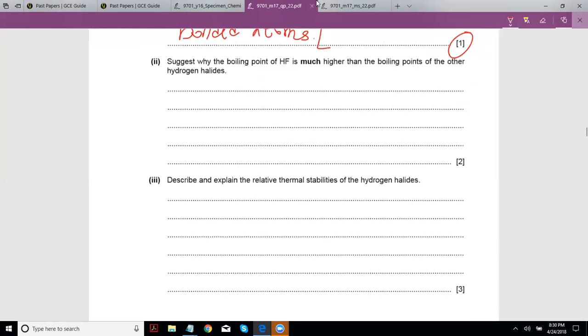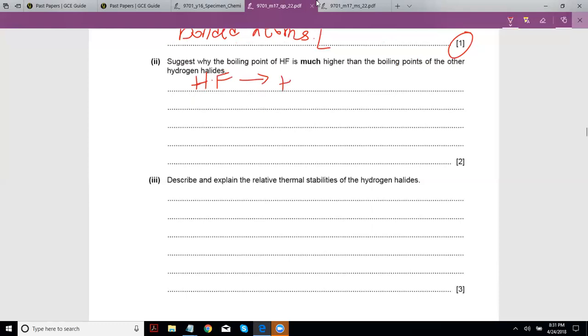So, suggest why the boiling point of HF is much higher than the boiling points of other hydrogen halides. Remember H here is bonded with a highly electronegative atom, which is fluorine. N, O, F are highly electronegative atoms. So HF, again boiling point depends on intermolecular forces, right?